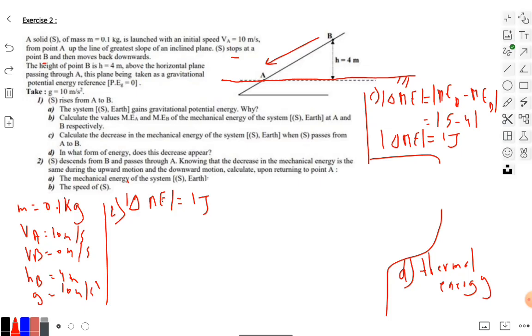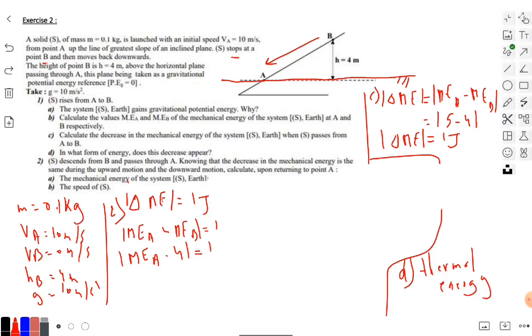Then we must calculate the mechanical energy at point A. We have ME at A minus ME at B equal to 1 joule. So ME at A, which is unknown, minus ME at B, which is 4, equal to 1.